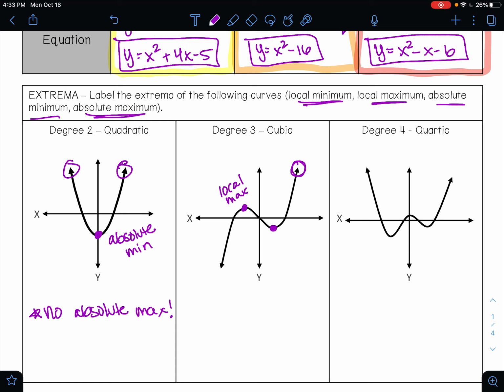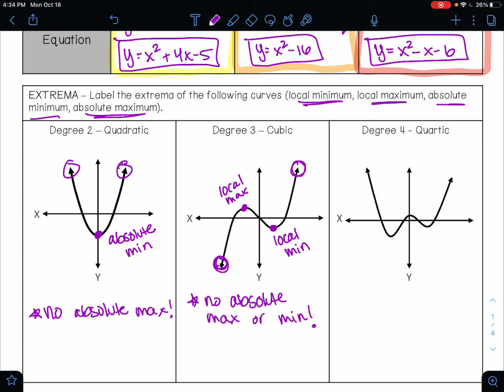This point right here is a local minimum. It's not an absolute minimum because my graph does get lower than this point, right? My graph is going to continue to get lower forever. So that makes this a local minimum. Notice on this one, because my graph is going up forever and because my graph is going down forever, I have no absolute maximum or minimum.